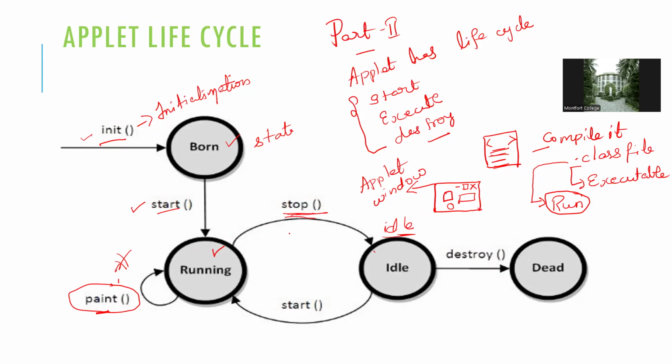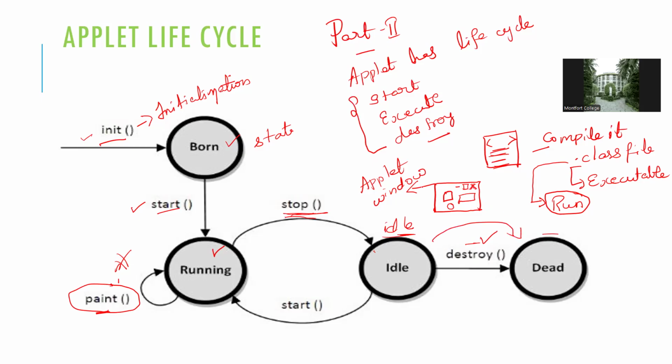Now, if you want to close it, you can close it now. If you click on this button, the next state is the dead state. Once you close this, the destroy method will be called, and from the idle state the applet window goes to the dead state.